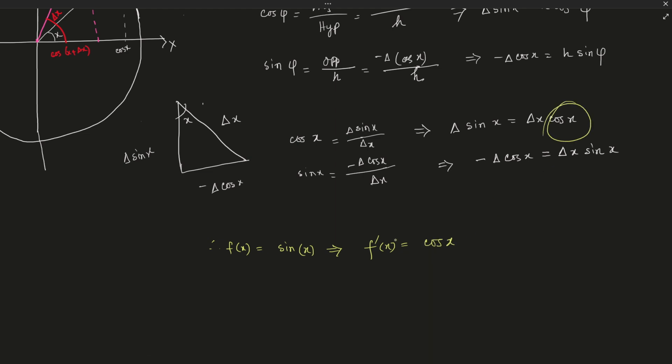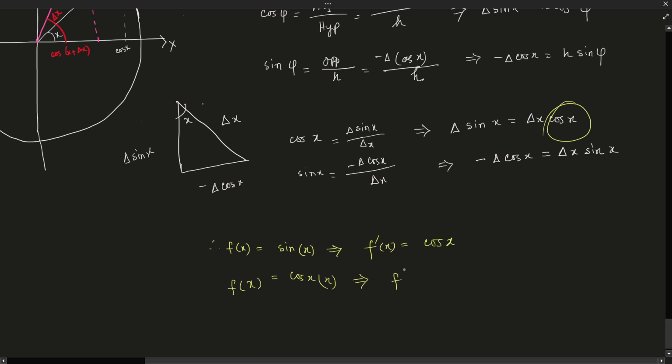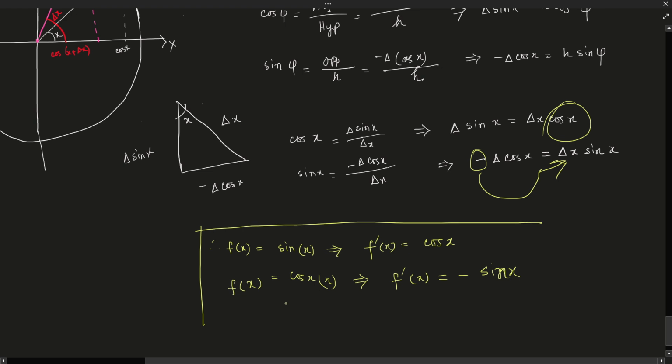And if f of x is our cos x, then the derivative will be minus sin x. This minus sign is what appears here: minus sin x. So that is how we get the derivatives of trigonometric functions.